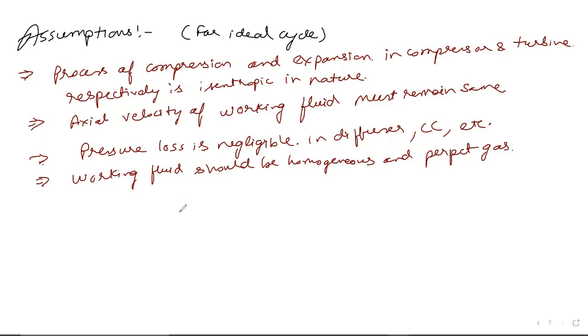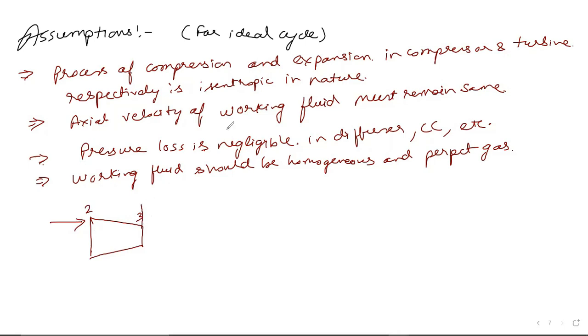Now, if you see this simple gas turbine, I will give the numbers. Suppose this is the air which is coming. This is point number 2, the inlet of the compressor. Point number 3 is the outlet of the compressor.